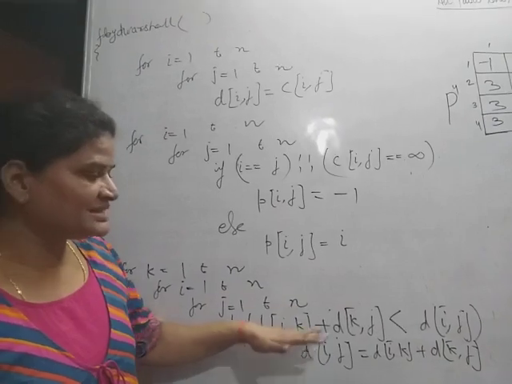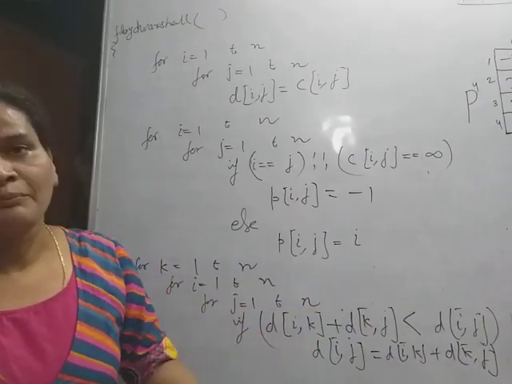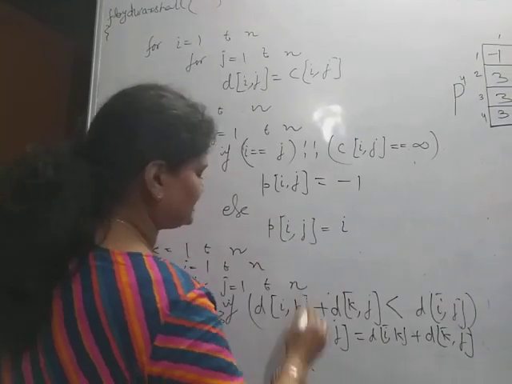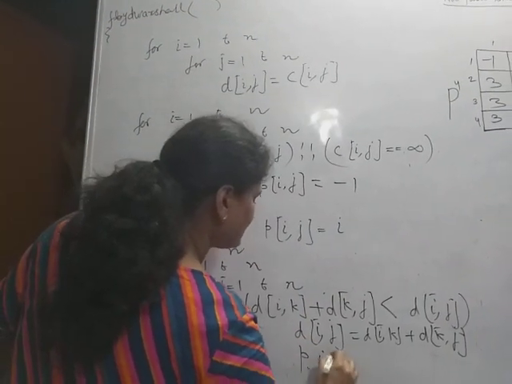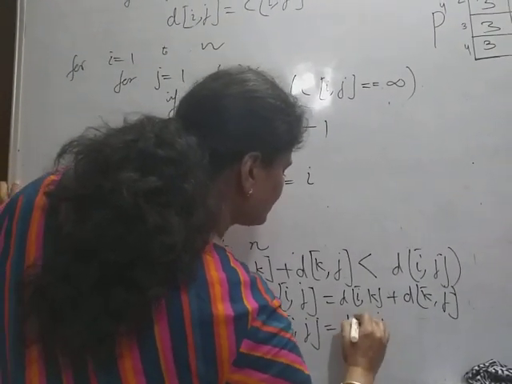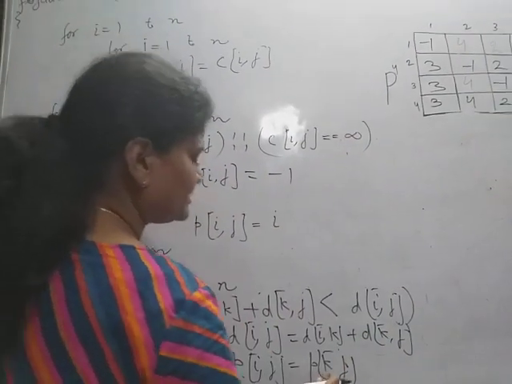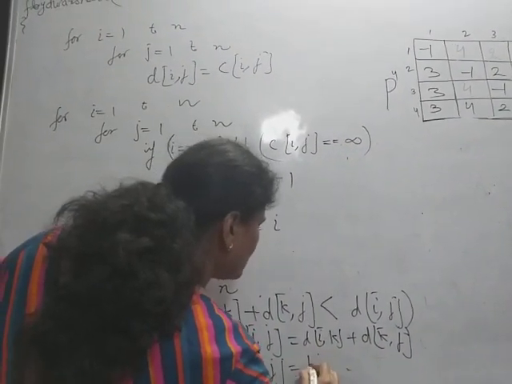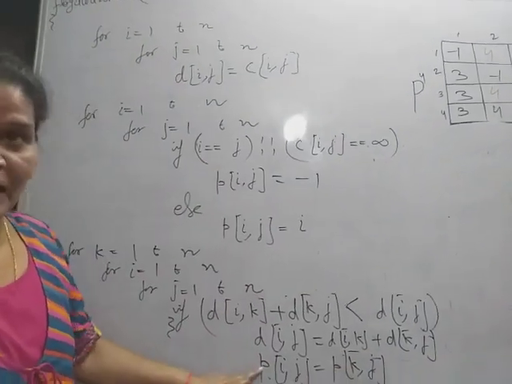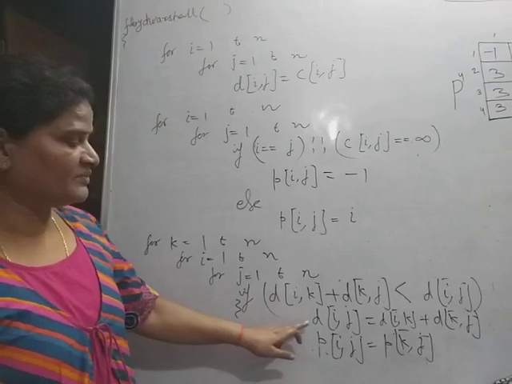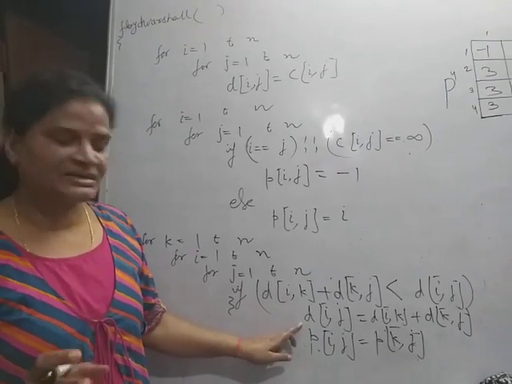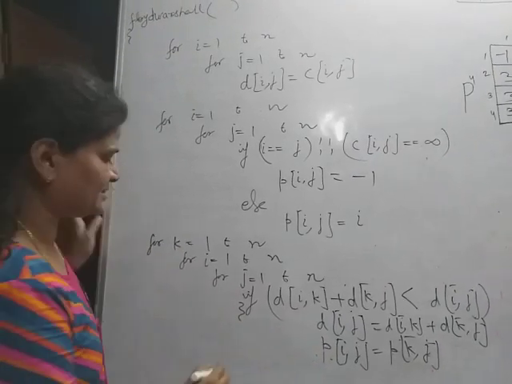Also, only when this condition is true, the path matrix is to be updated. So here you update the P matrix: Pij equal to Pkj, as I explained just now. The path matrix will be updated only for those entries where the distance matrix entry is updated.